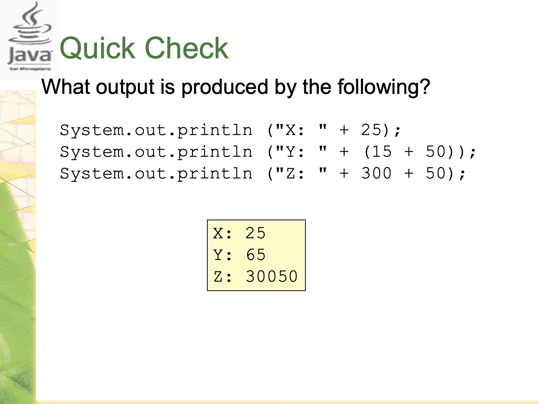For the first one, we will get x25. For the second one, as it has the parentheses, the addition will happen first. So it will print out y65. And then the last one for z, it will print out z300 and also 50 because it does not have parentheses, so it will just be concatenated.